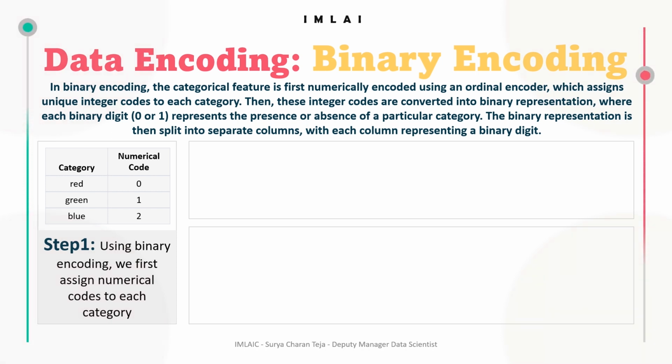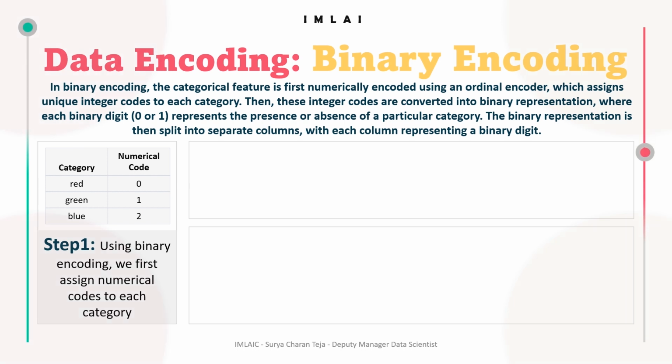The variable name, the column name, is color, and this consists of three categories: red, green, blue. Now we want to convert these categorical values into binary representation using binary encoding. That's our target.